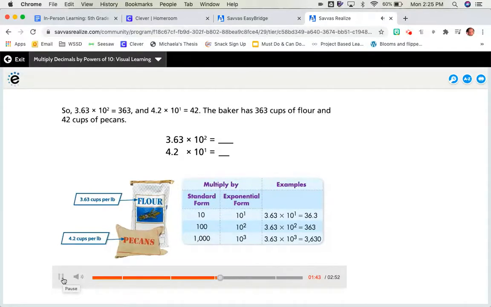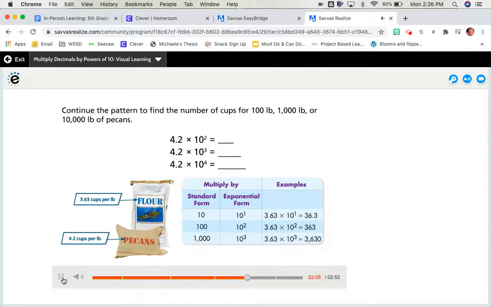So 3 and 63 hundredths times 10 squared equals 363. And 4 and 2 tenths times 10 to the first power is equal to 42. The baker has 363 cups of flour and 42 cups of pecans.